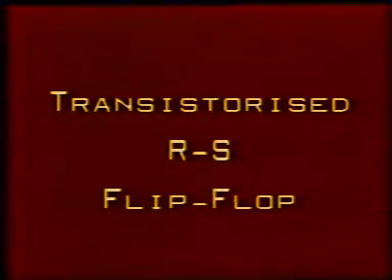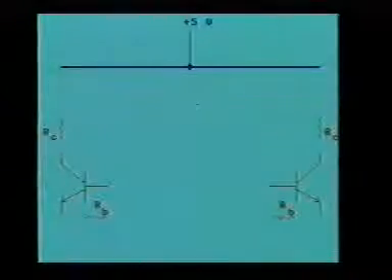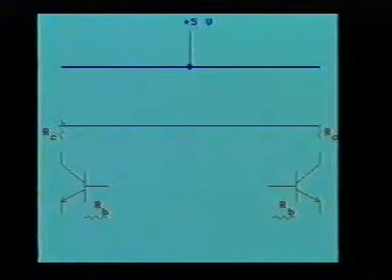How is a flip-flop circuit realized practically? This particular circuit uses transistors and resistors.